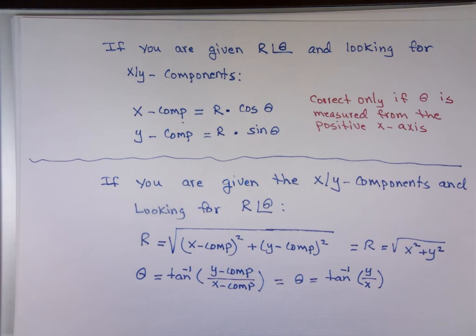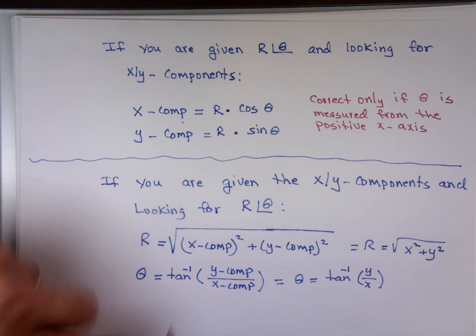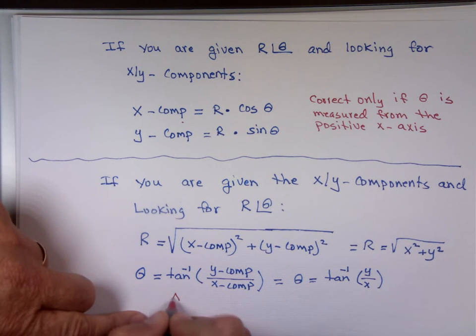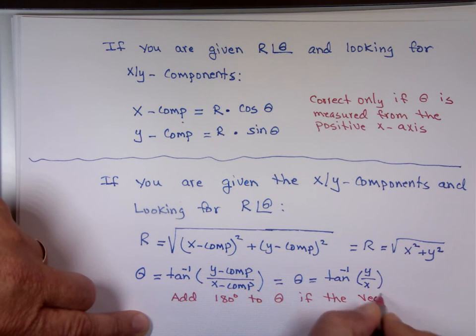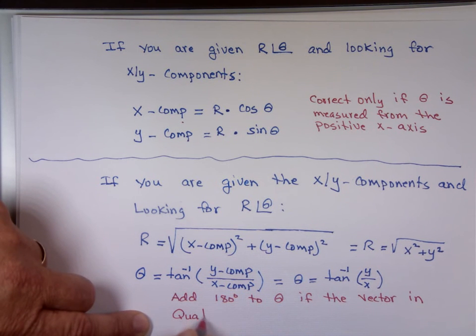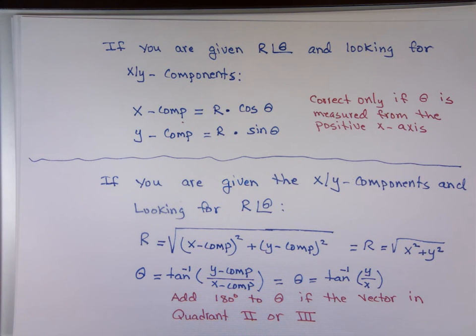And again, with a little reminder there, just like this one, a little reminder, add 180 degrees to theta if the vector is in quadrant 2 or 3. Those are the steps we're going to be using to find x and y components.